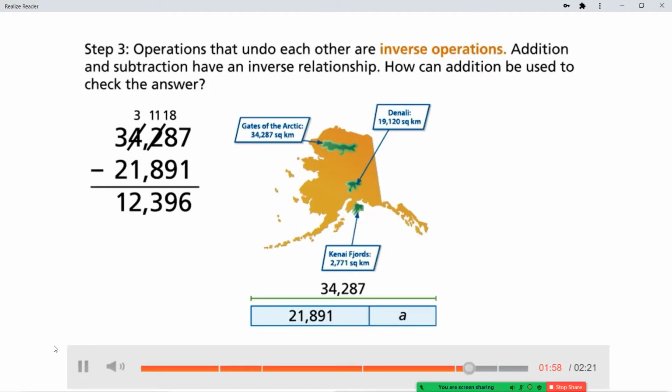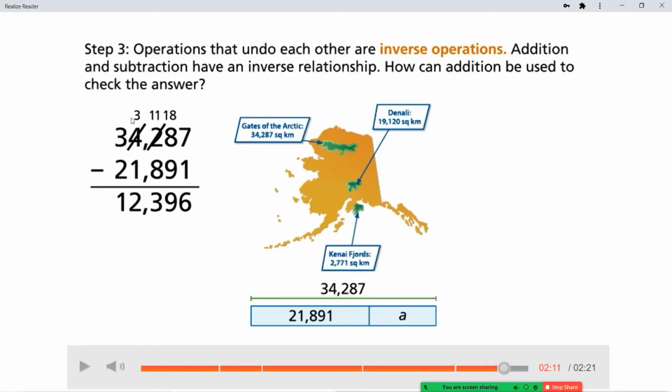Step 3. Operations that undo each other are inverse operations. Addition and subtraction have an inverse relationship. How can addition be used to check the answer? Now here we're going to use our inverse or our opposite operation.